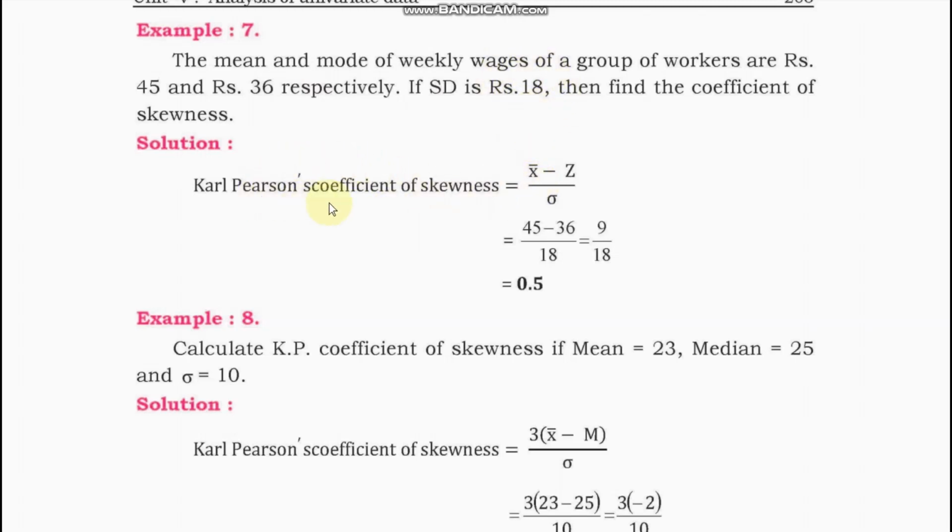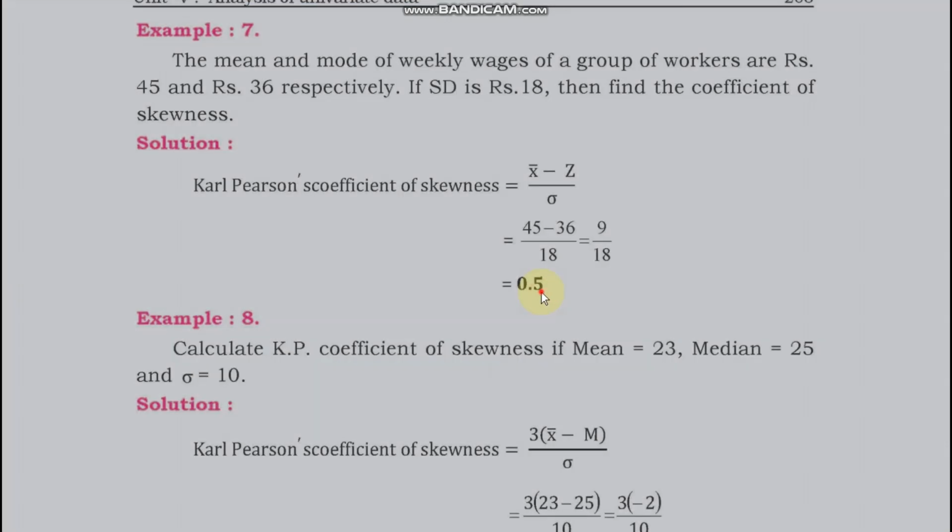Karl Pearson's coefficient of skewness is given by x bar minus mode divided by sigma, that is 45 minus 36 divided by 18, which is 9 by 18, that is 0.5. Since the answer here is a positive number, we conclude that the distribution is positively skewed.